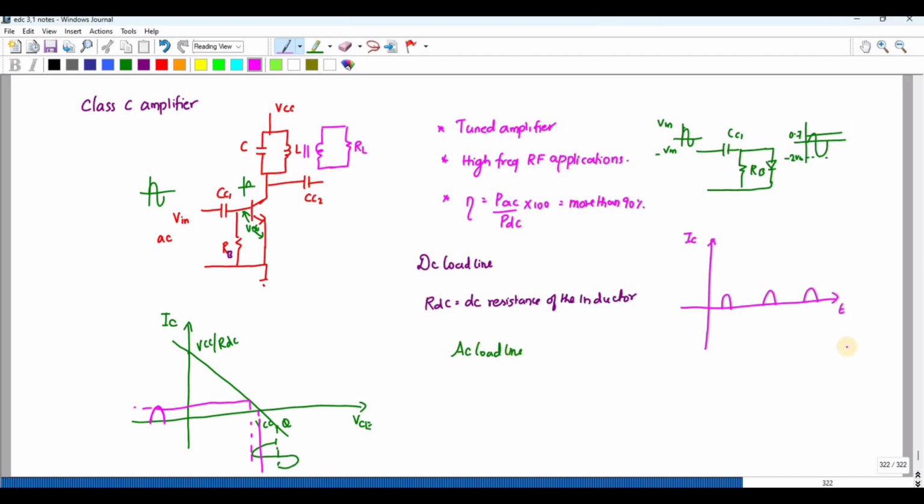This signal we are applying to a capacitor followed by an inductor. This inductor has a resistance of R. So this signal we are applying to the tuned circuit.